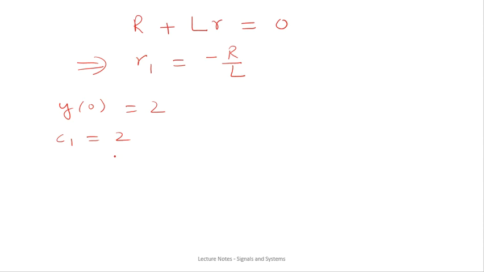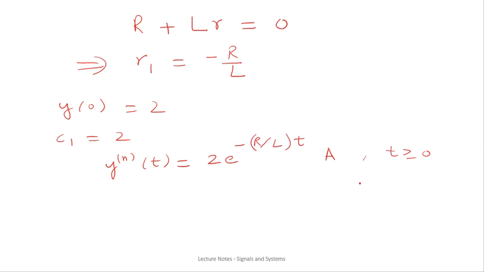So the final natural response will be 2 e raised to the power minus R by L t amperes for t greater than or equal to 0.